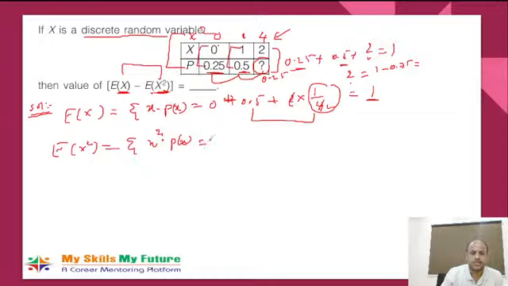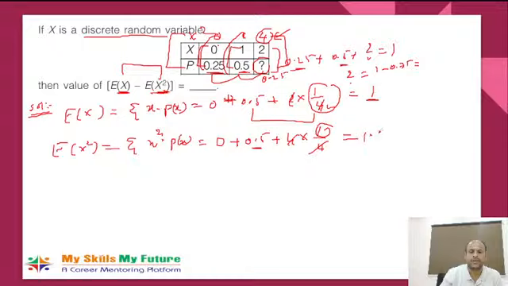So 0 into 0.25 becomes 0. Plus 1 into 0.5 is again 0.5. Plus here we have 4, the x square value, into 0.25. So 4 into 0.25 is nothing but 1. Add them, you will get 1.5.